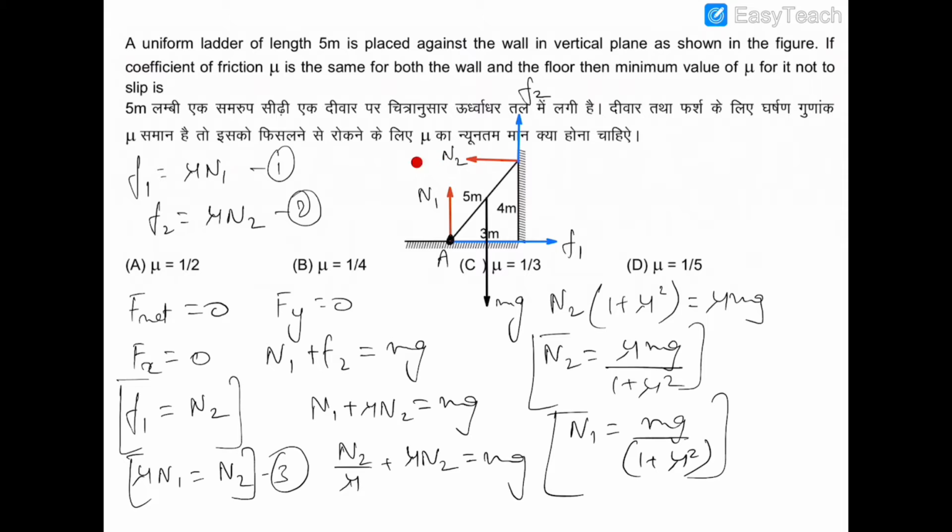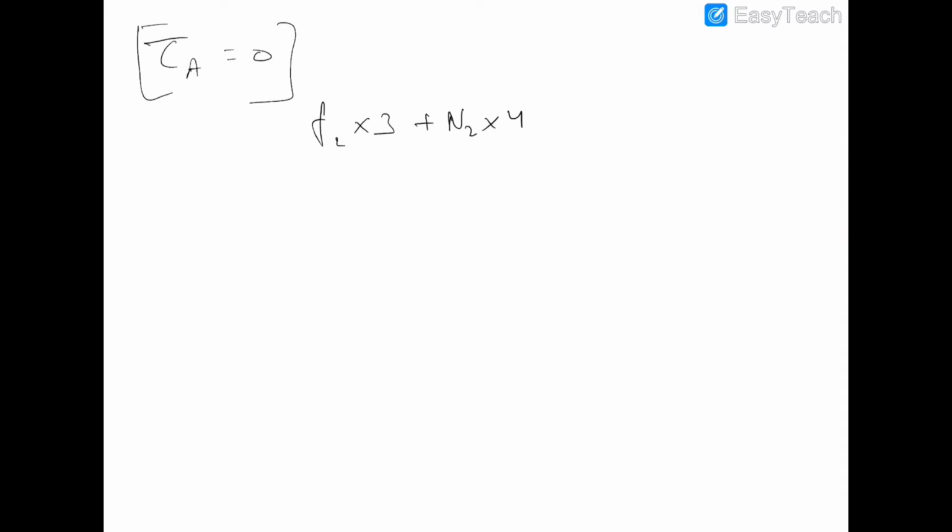So the torque of N2 and torque of F2 are supporting each other. Now the torque of mg is in clockwise sense, so there would be a negative sign, and torque of mg would be mg into this distance. Now this distance would be 1.5. So torque of mg would be minus mg into 1.5, that is equal to 0.